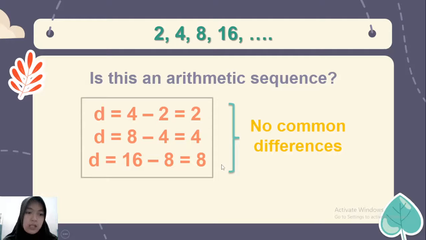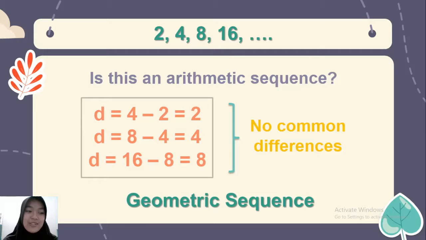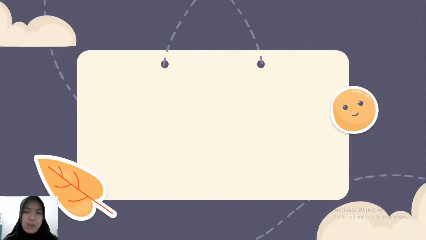So, if it's not an arithmetic sequence, then what is this? Is this what we call a geometric sequence? Yes, very good. This is an example of a geometric sequence. So, what is a geometric sequence?